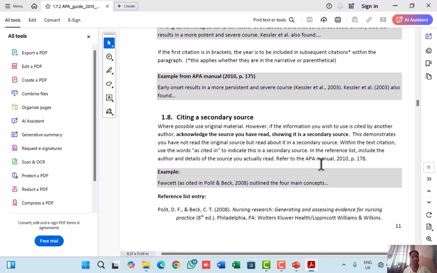Here, this is the person with the original content, but this person was cited by another person in his or her research, Pollitt and Becky in 2008. So when you go to Pollitt and Becky's work, you're going to find that they cited this one. So you write: John, as cited by Pollitt and Becky, outlined the main concepts. That's citing from a secondary source.